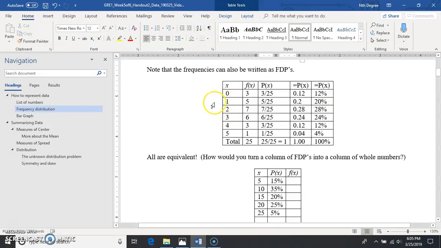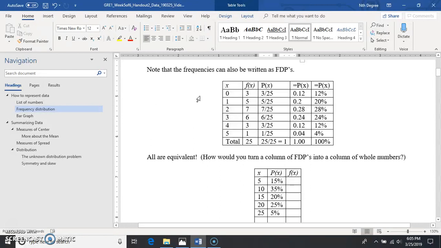What percentage of the numbers, or what fraction of the values, are 1s? 5/25ths. So each of these frequencies can just be turned into a numerator over 25. When we add them all together, we get a total of 25 out of 25, which is 1. And when we do that, we can call these relative frequencies, or we can call them probabilities. That's what the capital P stands for.